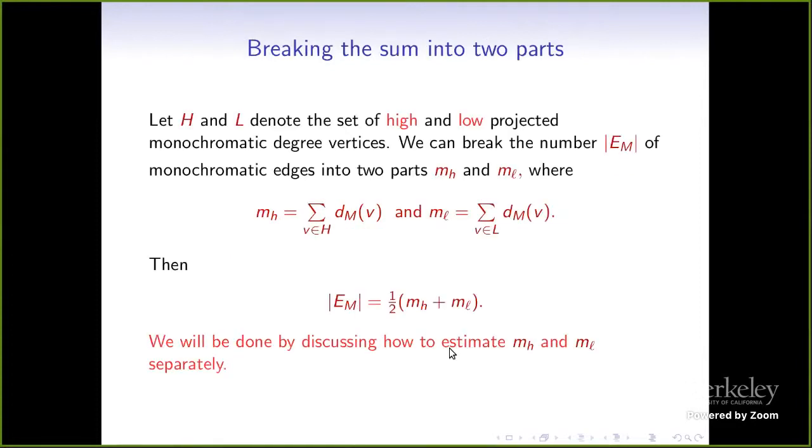So our idea is to classify the vertex set of the graph into two parts, namely capital H and capital L, where H denotes the set of all high vertices and L denotes the set of all low vertices, and break the sum of monochromatic degrees into two parts. It is the sum due to all high vertices, and the second part is the sum due to all low vertices. And we will be done by discussing how to approximate MH and ML.